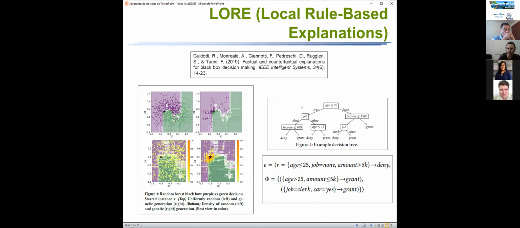It does this by walking the decision tree and explaining the instance that needs to be explained. And also what's interesting is that you can generate the counterfactuals that explain what needs to be changed in order to have a different decision. They do this also by walking in the decision tree.